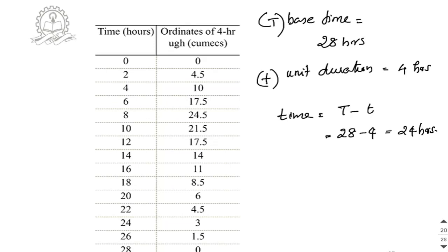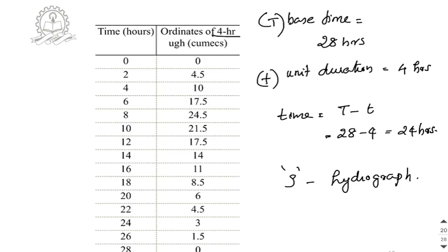Then next we will find out the ordinates of the S hydrograph. For that, we have to consider each hydrograph having a lag of 4 hours. So first we have to decide how many lags we have to consider.